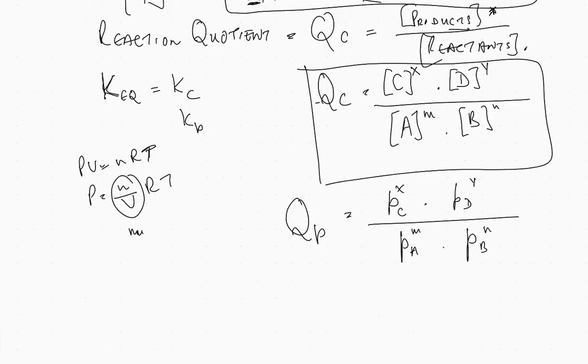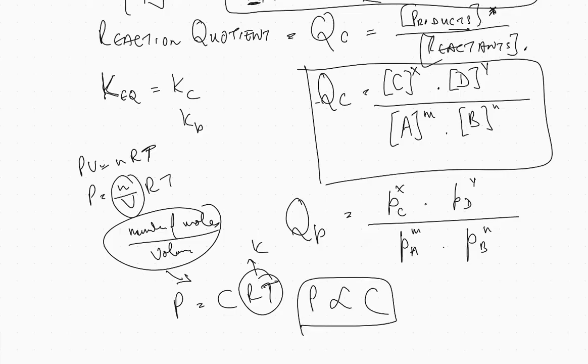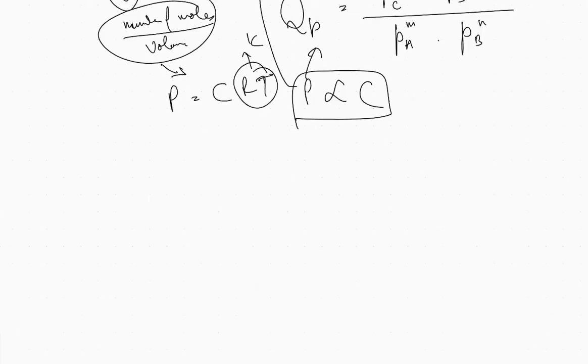So P equals CRT. Now temperature is kept constant and R is the universal gas constant, so these are constant. So you can see P is proportional to C. You can express it either in partial pressure terms or concentration terms. That's why it is like that. If you don't understand this, you should check it again and again.